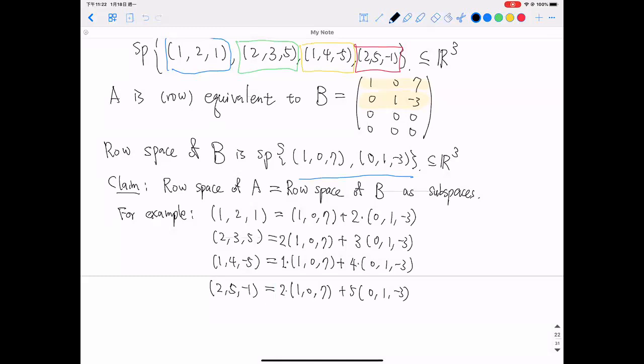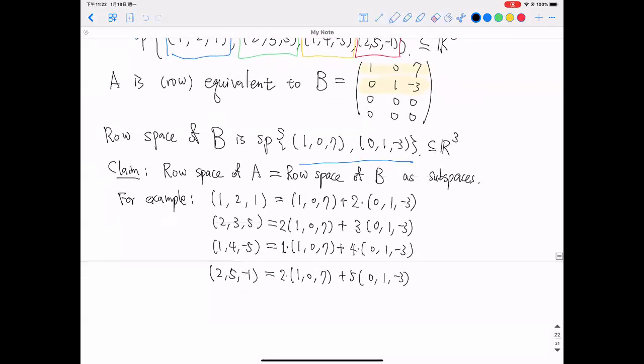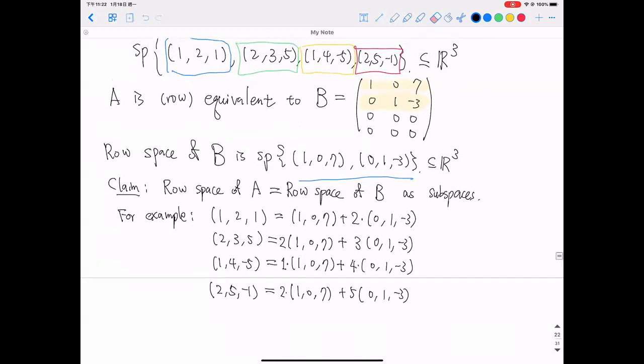And that tells you that the third entry is 14 minus 15, that's minus 1. So these are just examples showing that the row space of A is equal to the row space of B.